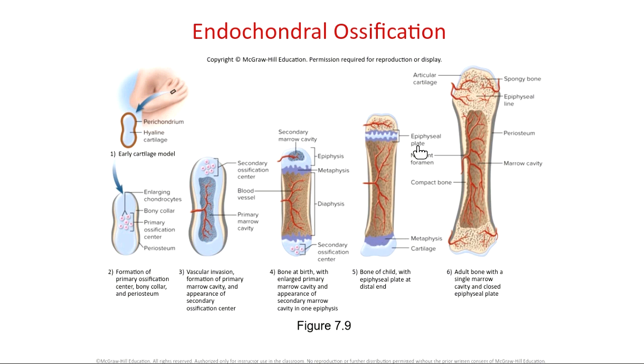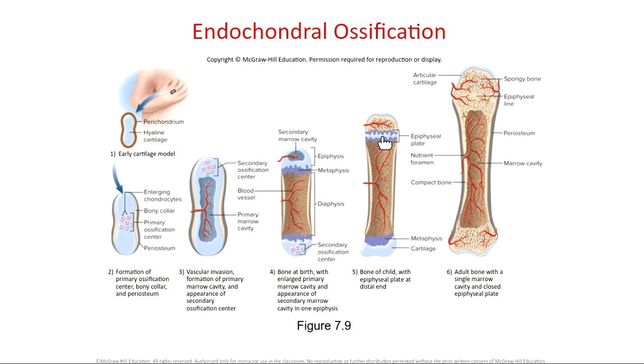But what you want to note here is this really important structure. We start to see what's called an epiphyseal plate. Basically, a metaphysis is the pre-version before it becomes the epiphyseal plate, if you want to know that. But when you're actually a child and you're developing, you do have this epiphyseal plate.